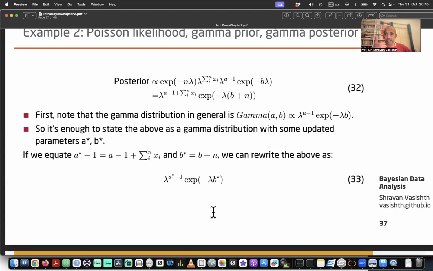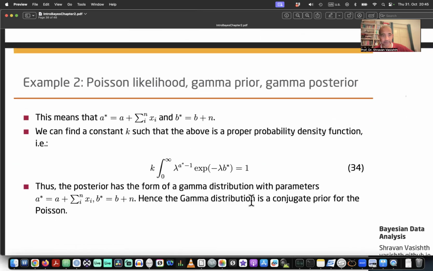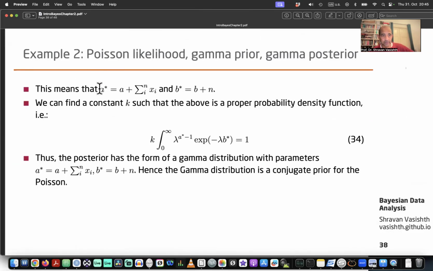So once we know the sum of the data points, the independent data points, and once we know the sample size, the number of data points, and if we define a particular prior for the gamma distribution with some parameters a and b, we can immediately come up with the posterior distribution for the lambda parameter, because that posterior distribution is a gamma distribution with updated parameters, right? So here's the story that I just laid out. A star is a plus sum of x and b star is b plus n, right?